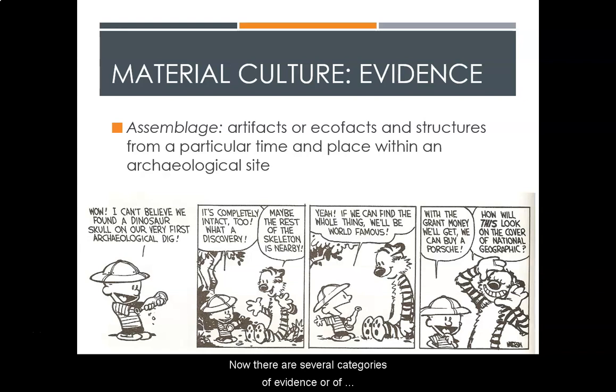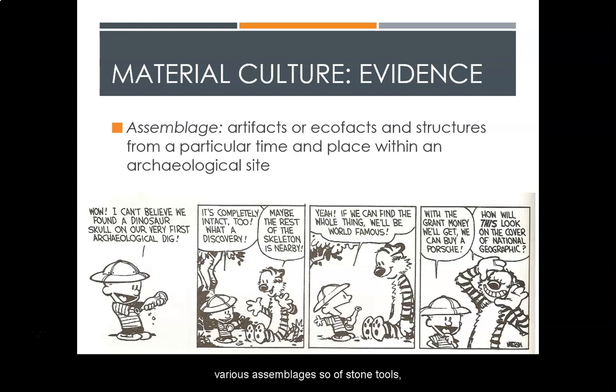Now, there are several categories of evidence or of material culture that we can look at. An important term is that when we refer to a grouping of artifacts or ecofacts, and I'll talk about those in a moment, and structures from a particular time and place within an archaeological site, we refer to that as an assemblage. And so in many of the lab assignments you're going to be looking at this term, and you're going to be using data from various assemblages.